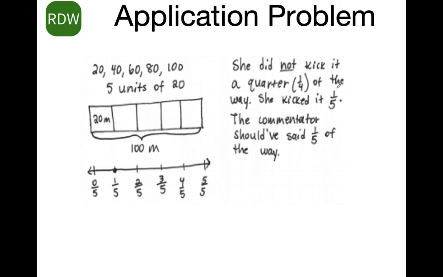She kicked it 1/5. So we can look at our number line like this. We can also draw different pictures to help us figure out how many sections there would be, 5 units of 20 to get to 100.